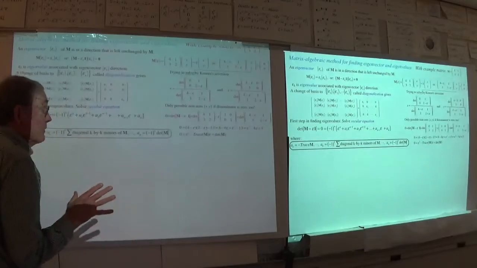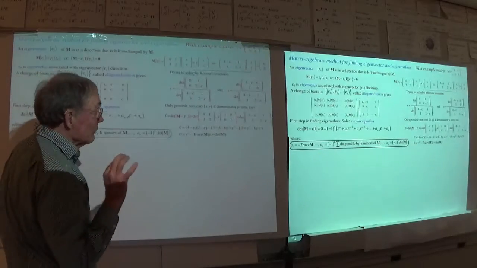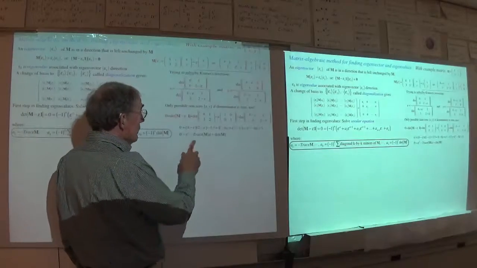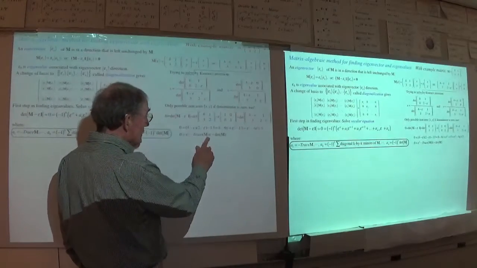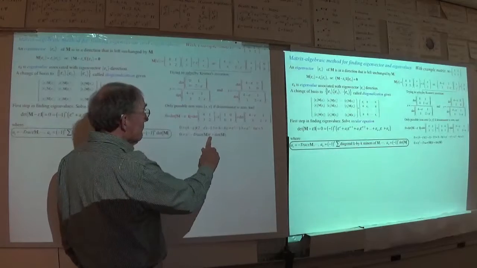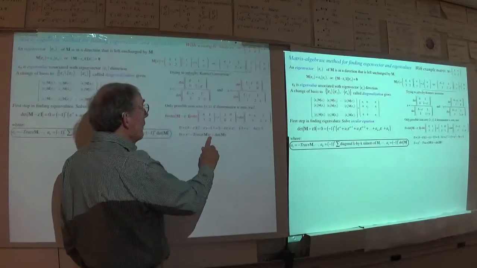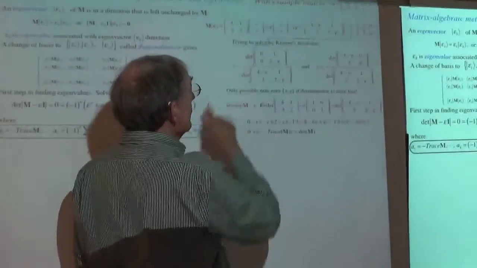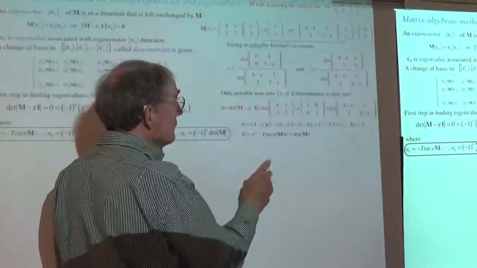Now, for 2x2 matrices, remember there's a really simple way to get that equation. The first order component, that is the coefficient of epsilon to the first power, is the trace of this matrix. The trace is 4 plus 2, the sum of the diagonal elements.